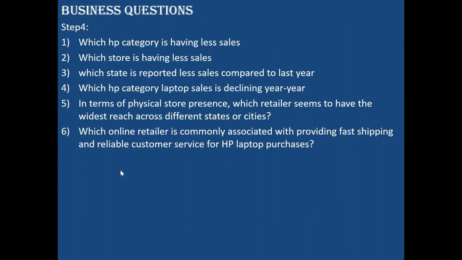So that's how we want to understand which online retailer is providing fast shipping and in whom customers have more reliability and trust. HP wants to identify this because they want to give prices a little cheaper compared to other retailers for that kind of retailer, so that it can make more sales, correct?